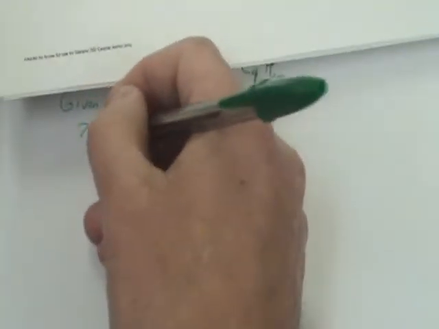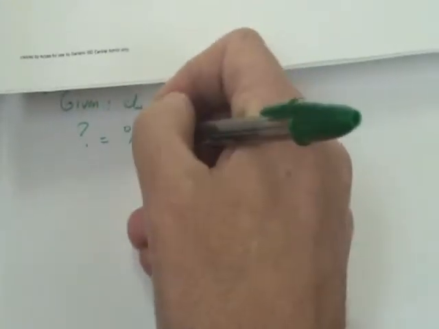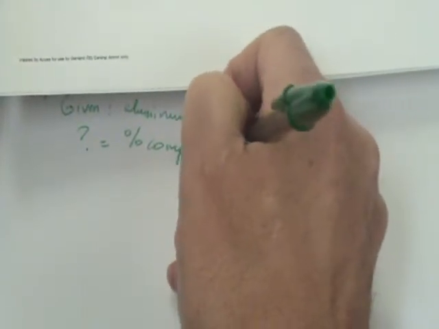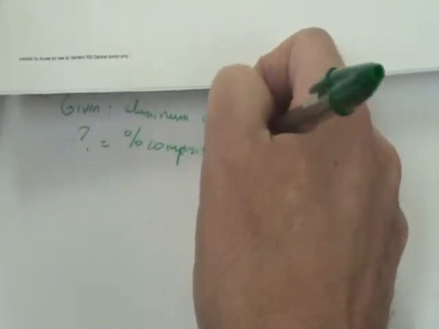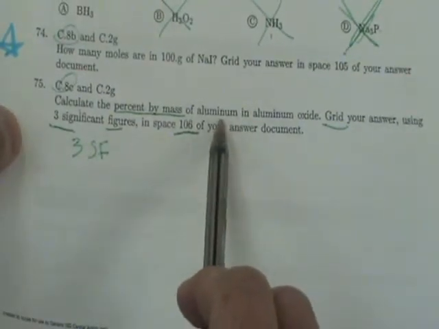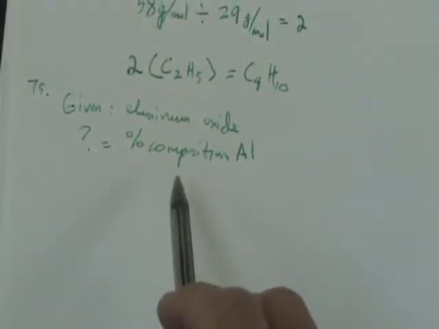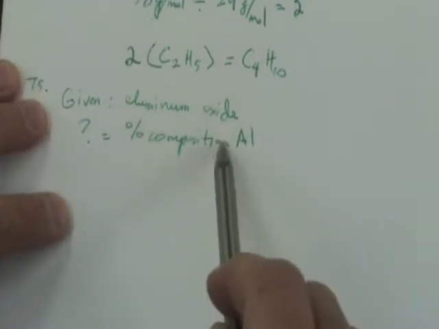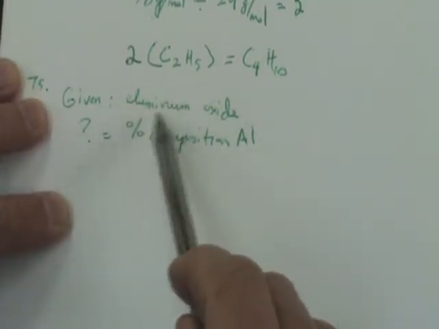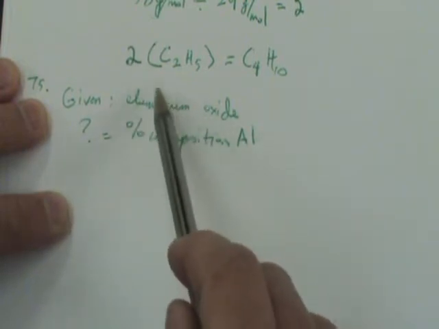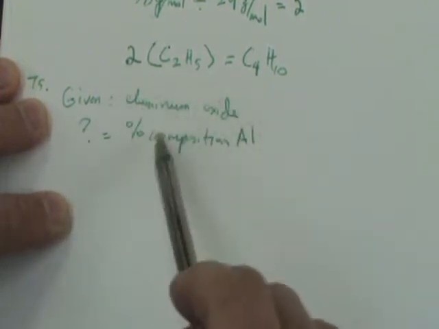So what it's looking for is the percent composition of aluminum, just aluminum, in aluminum oxide. In other words, we're looking at the compound aluminum oxide, and you want to find out how many percent in grams is the mass of aluminum in the whole compound.